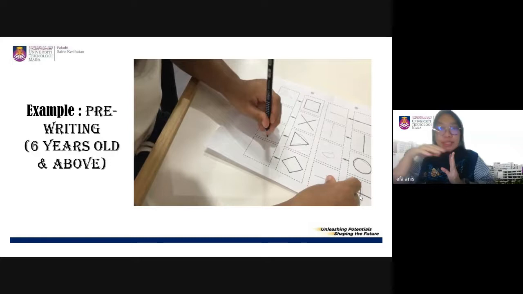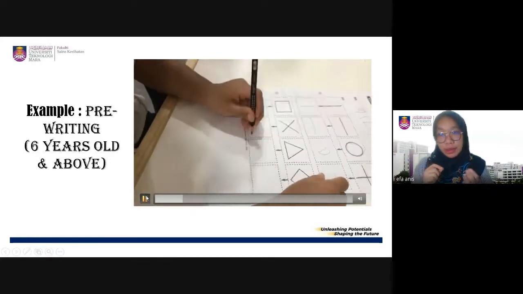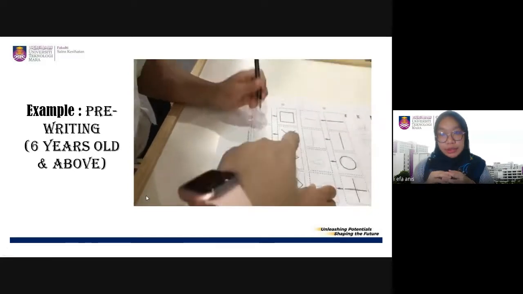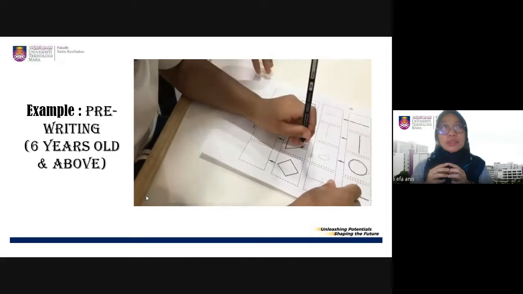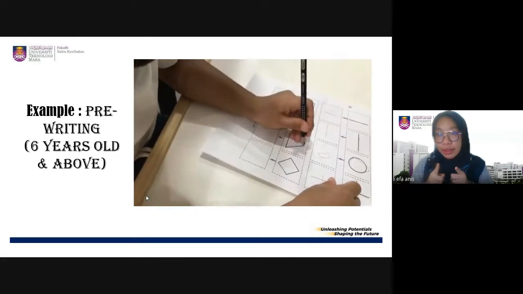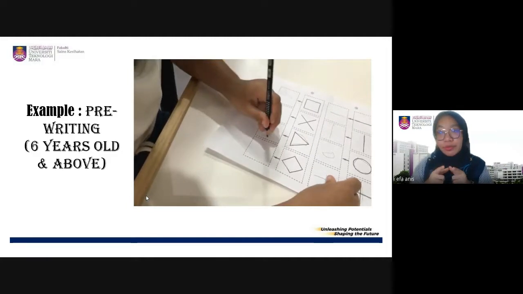Dia ada bentuk yang di pre-writing so ada boleh buat, ada bentuk yang dia tak boleh buat. For the X punya parts pun dah tak terbentuk segitiga. Usually sampai bentuk triangle tu is already 5. Diagonal yang bentuk diamond tu ada level untuk 7 tahun. So he is not yet there, tapi ada yang foundation for the 3 years old tu dia dah ada untuk vertical dengan horizontal. Okay, next.